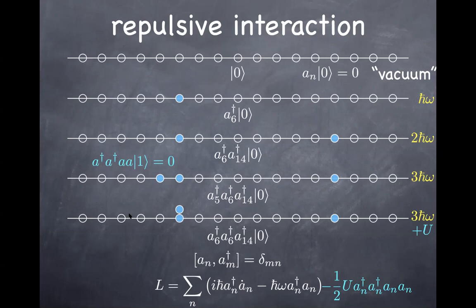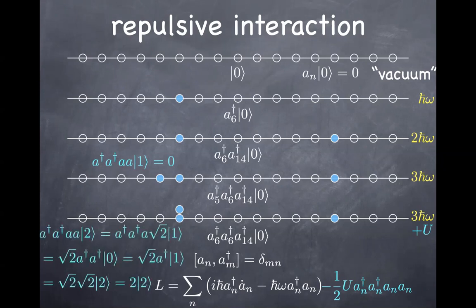But if you have 2 particles on the same site, then you can use 2 annihilation operators acting on that site, and the first annihilation operator gives you a 1 particle state with a normalization factor square root 2. The second annihilation operator lowers it further to the ground state or the vacuum state, still with this normalization factor square root 2.